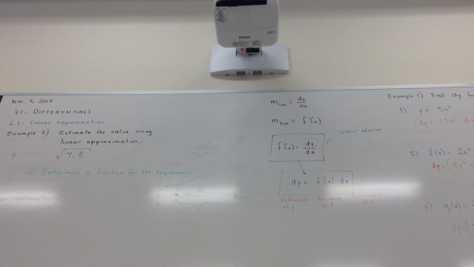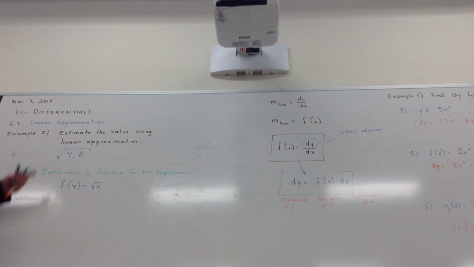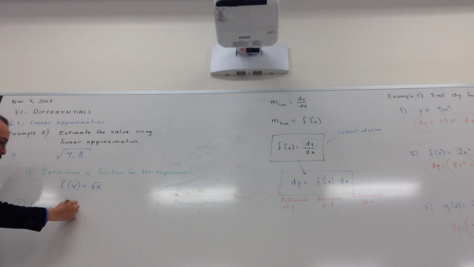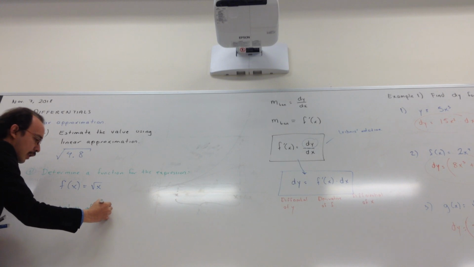Square root of x, yeah. The function is f of x equals square root of x. If it was something like 4.8 squared, it would be x squared. If it was 1 over 4.8, it would be 1 over x. So the idea is to put a function that represents that expression. Yeah? Now, define values of x.